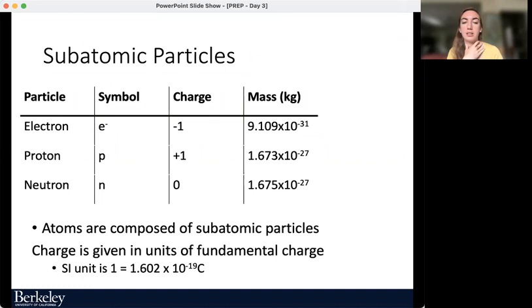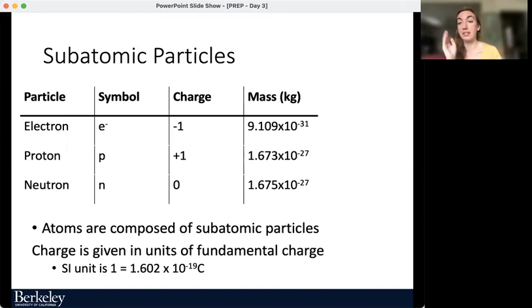The fundamental charge can be converted into our SI units of coulombs, but we just use this unit of fundamental charge so that we don't have to carry around 1.602 times 10 to the minus 19 coulombs for all of our calculations. And so we're just going to call the electron a charge of -1, a proton a charge of +1, and a neutron a charge of 0.